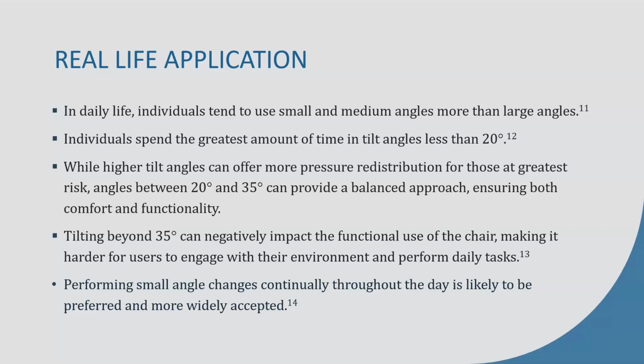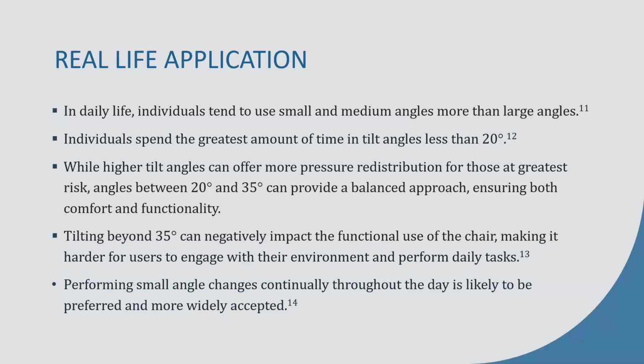Tilting beyond 35 degrees can, of course, negatively impact the functional use of the chair, making it harder for the individual to engage with the environment and perform daily tasks. Expecting individuals to spend a lot of time in such a non-functional position for long durations is unrealistic and may impact their tolerance of the chair and the compliance with the piece of equipment.